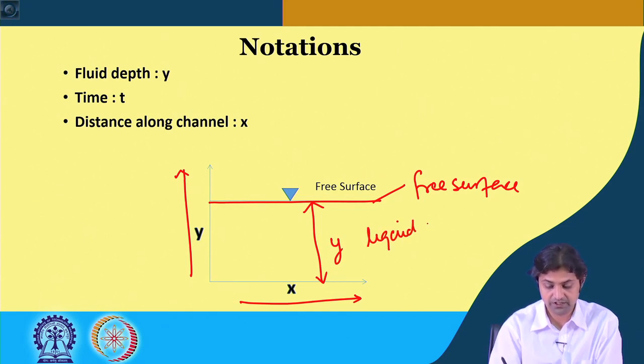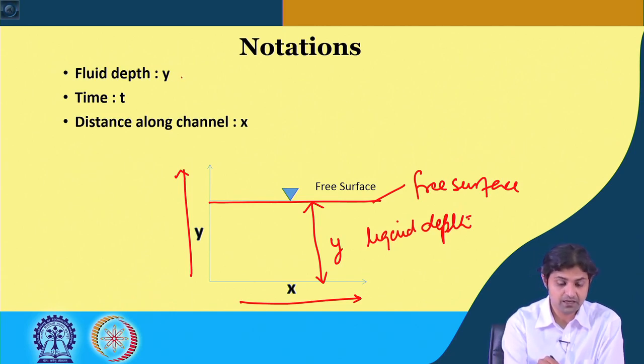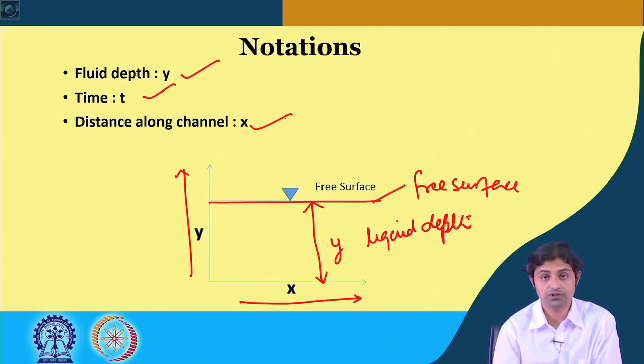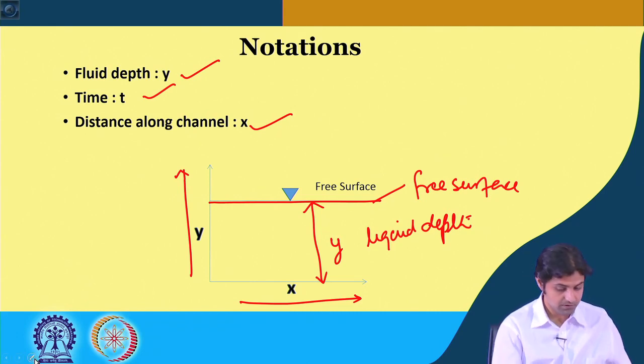So, liquid depth or fluid depth. The notations that we are going to use: fluid depth is indicated by y, time is indicated by t, and distance along the channel is indicated as x. This is the notation that we are going to use in the entire module of open channel flow.